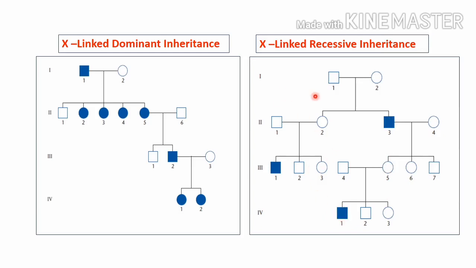It means that in X-linked recessive condition, the disease will not always appear in all generations; it may appear in some generations, and mostly appears in males, because the male has only one X chromosome, and the mutated allele on that X chromosome has no other normal allele. It's a hemizygous condition, and that's why the disease is generally expressed in males.